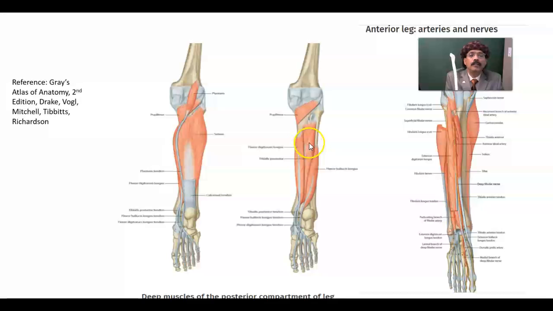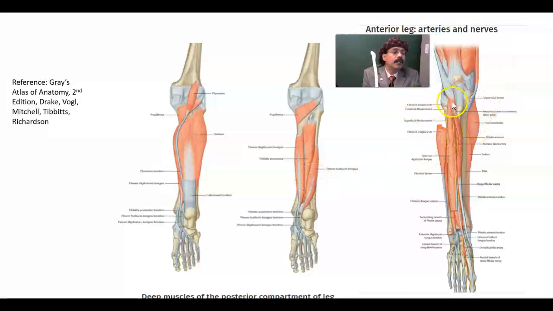The soleus muscle takes origin from the soleal line of the tibia and the posterior one-fourth of the fibula. This is the soleus muscle. This is the tibialis posterior muscle, and the flexor hallucis longus muscle. If you look at that, the neck is related to the common fibular nerve, very important. If it is damaged, then there will be foot drop.